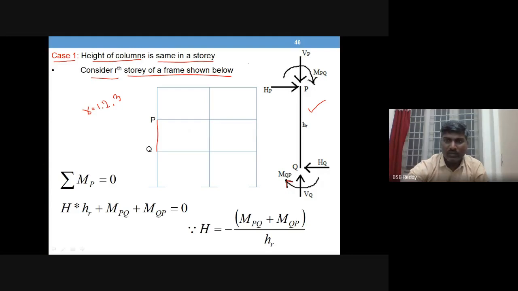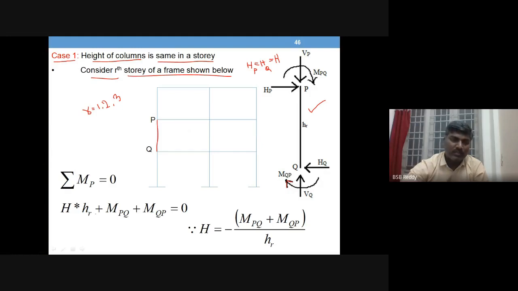Okay, so H at end P is equal to H at end Q from sigma Fx = 0, that I'll call simply H. Okay, right. HR is the height of that particular rth story. Okay, height of the story, nothing but height of column.